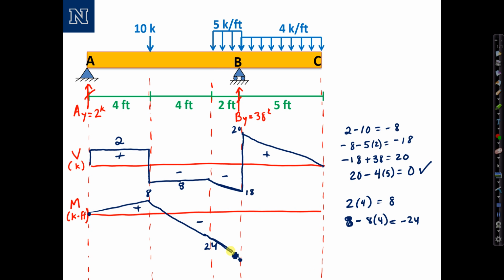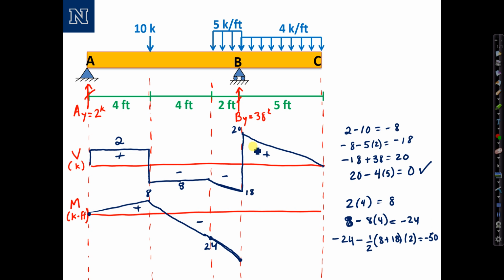Again, I can calculate the value at this location by taking the value at this point minus the area of the shear diagram. That would be -24 minus, this is a trapezoidal area, so I'll take 1/2, or the average of the two values, 8 plus 18, and times the length over which it acts. That's 2 feet. And that equals -50.